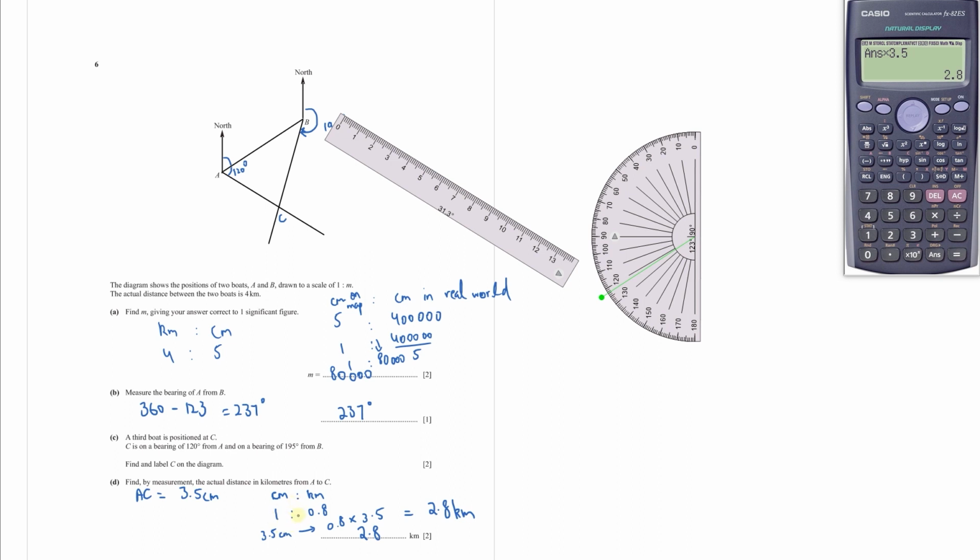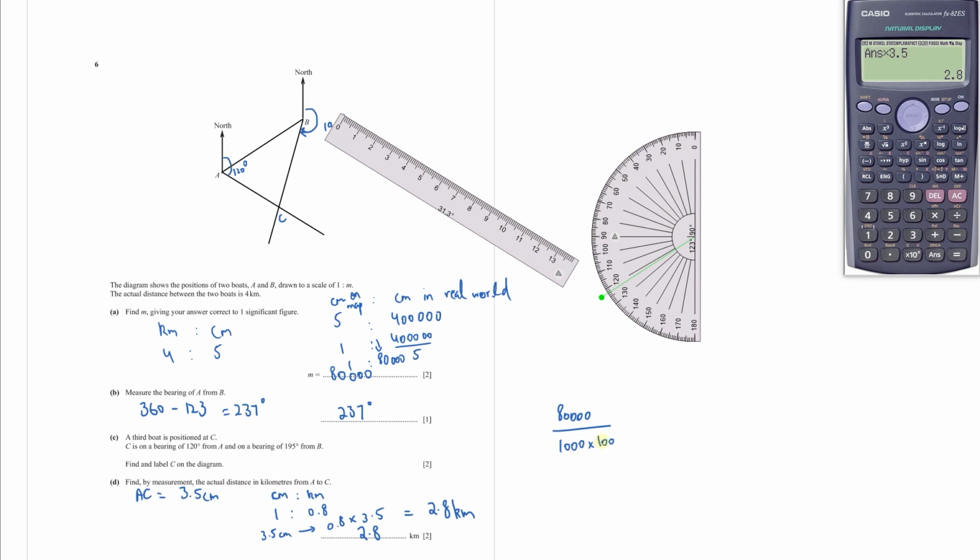So basically you've already have this conversion. So 1 centimeter is 80,000 centimeters in real world, which is basically 80,000 divided by 1,000 multiplied by 100. So you convert 80,000 centimeters, you first divide by 1,000 to get meters, and then you divide by 100 more to get into kilometers. Sorry, it's the opposite.